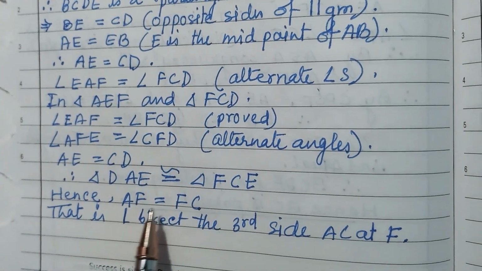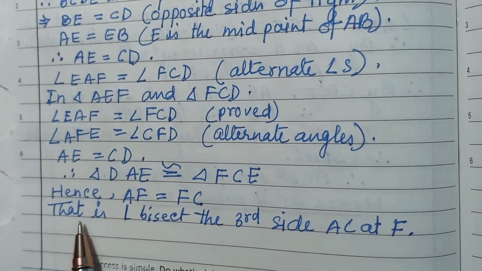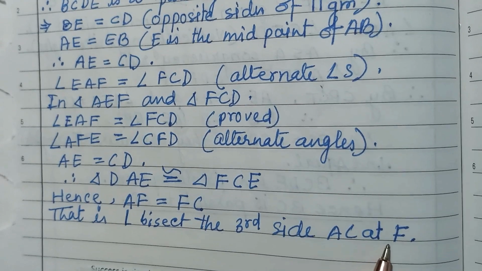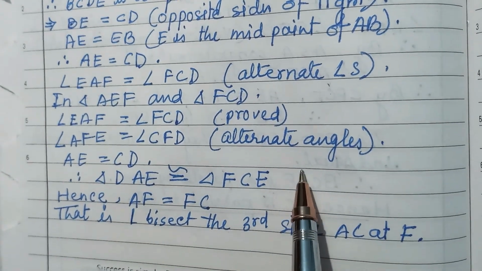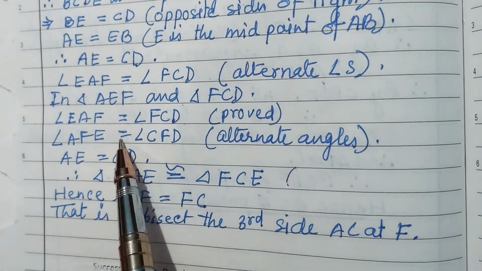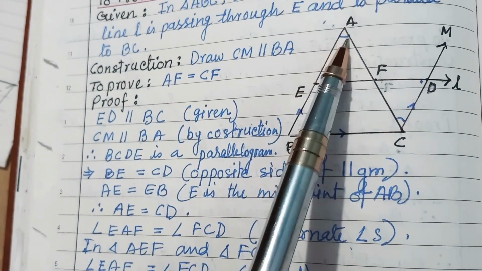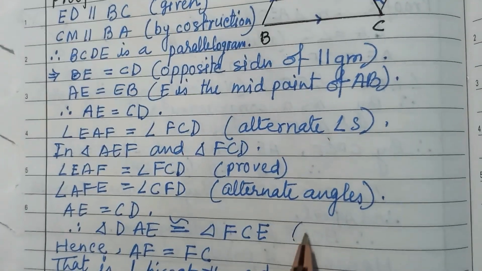Hence AF is equal to FC, and that is, the line bisects the third side AC at F.